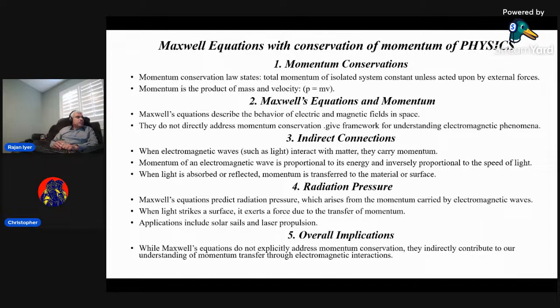So the equation for the momentum is mass and velocity. So P, which is the momentum, equals mass m times v, the velocity. That's a simple definition.